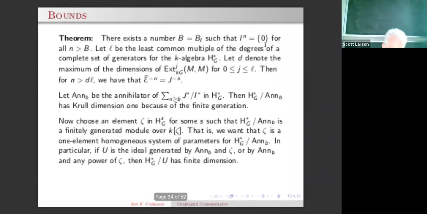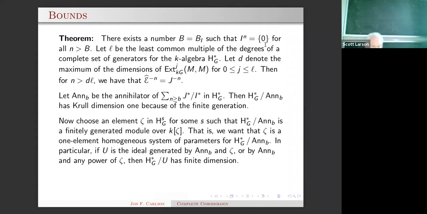And so what we get from this is that we could choose an element zeta in the cohomology ring of the trivial module here, such that this thing is a finitely generated module over the polynomial ring generated by zeta.